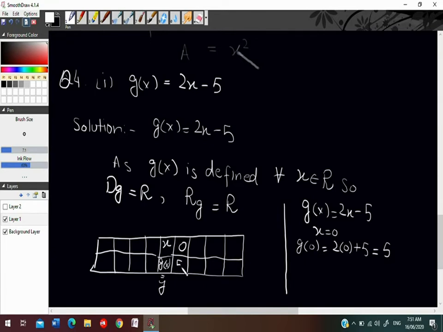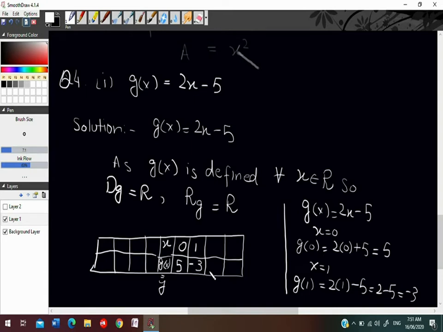The next value is, let's say, 1. When we put x equals 1, g of 1 becomes 2 into 1 minus 5, means 2 minus 5, which is minus 3. So when x is 1, g of x becomes minus 3.